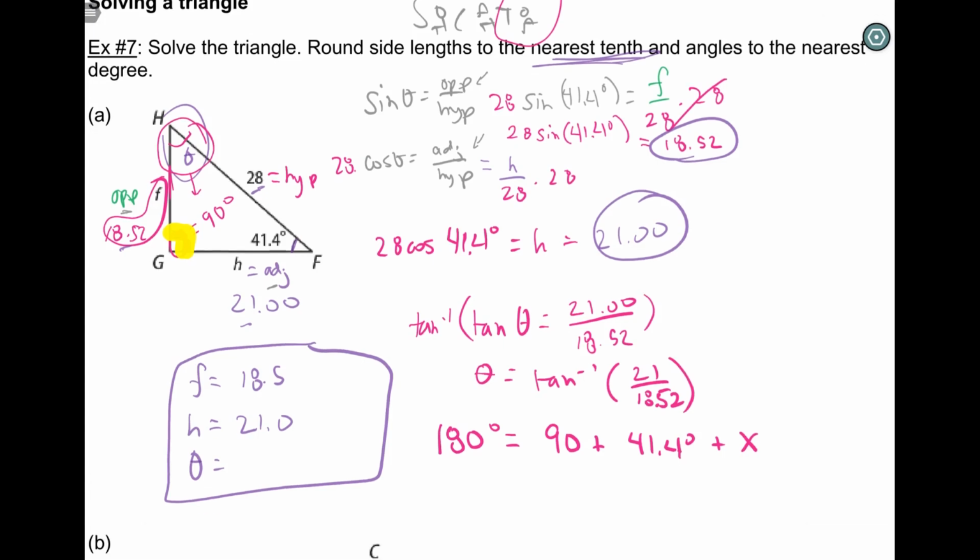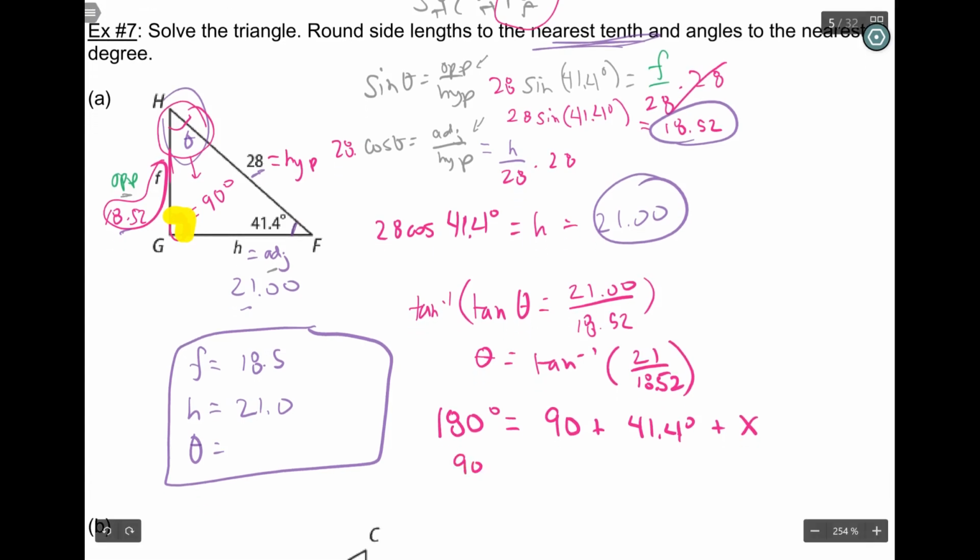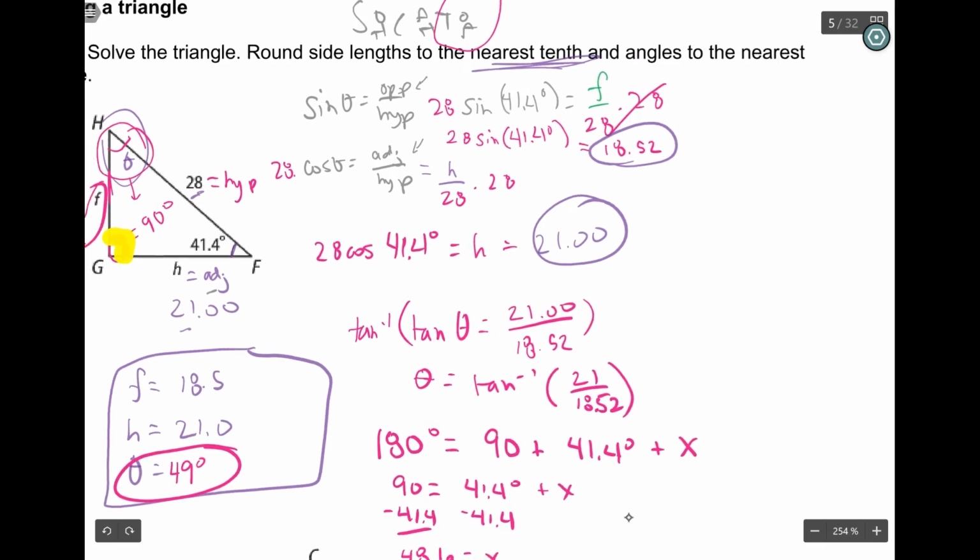So 180 minus 90 is 90, equals 41.4 degrees plus x. Subtract. So I'm literally just getting x by itself. So this is going to equal 48.6. Yay, so that's the angle. 48.6 solved to the nearest degree, so it actually would be 49 degrees, rounding up, because nearest degree.